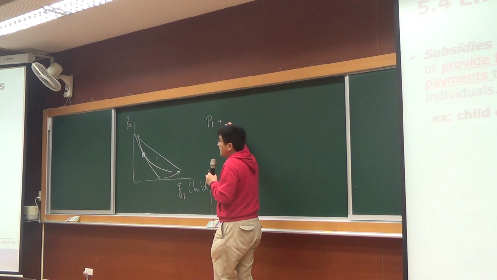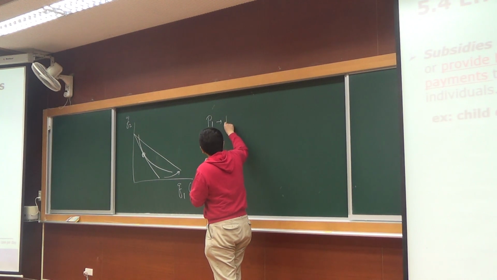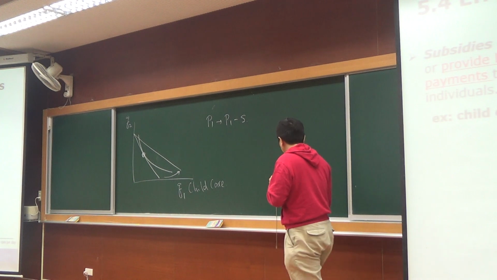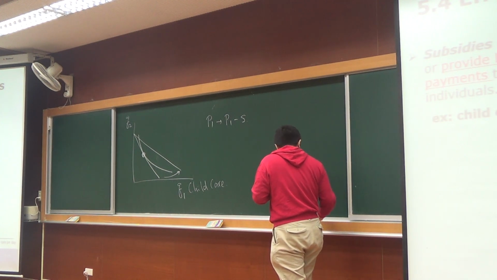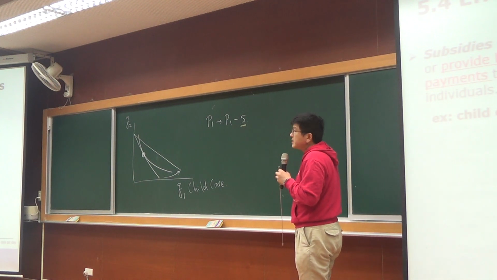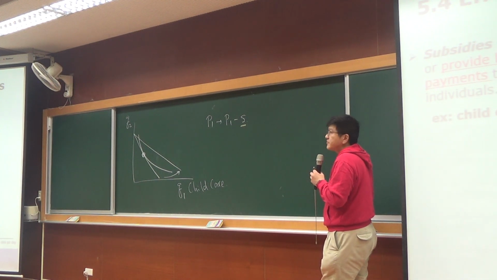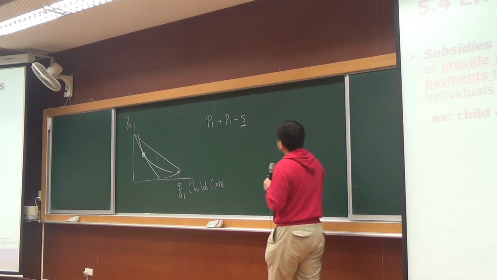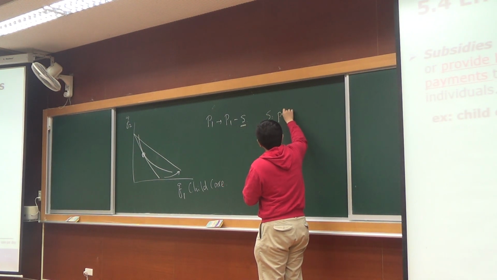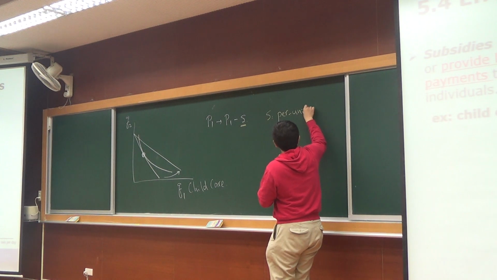So Q1 becomes cheaper, which means the government subsidizes the consumer per unit by the amount of S. So S is per unit subsidy.